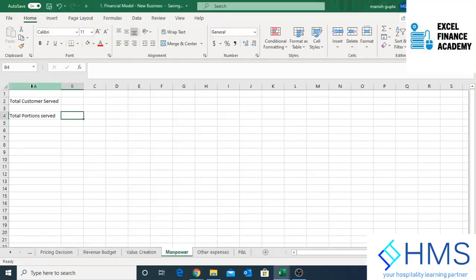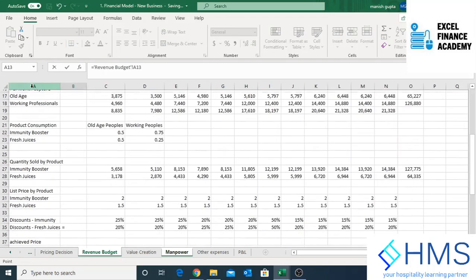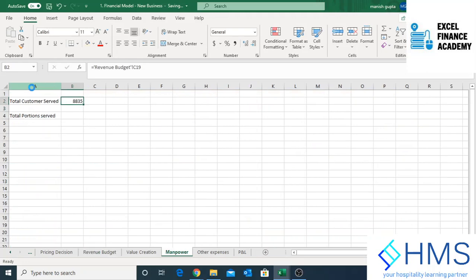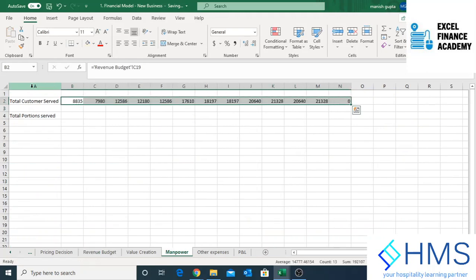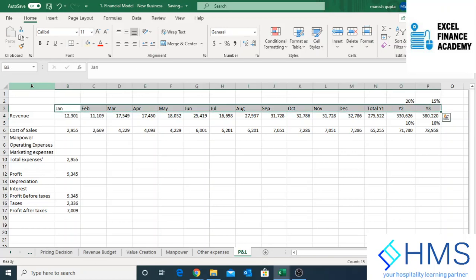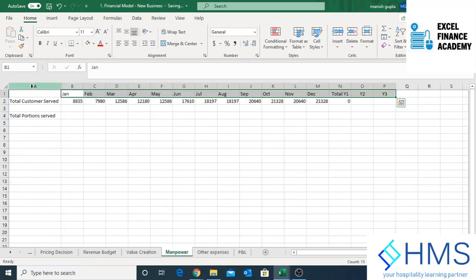Right. Then you're going to say, okay, total customers served in my market was coming from revenue budget. So total customers were here, total customers, right? You want to label the months, so you can copy it from the P&L sheet just to have consistency.